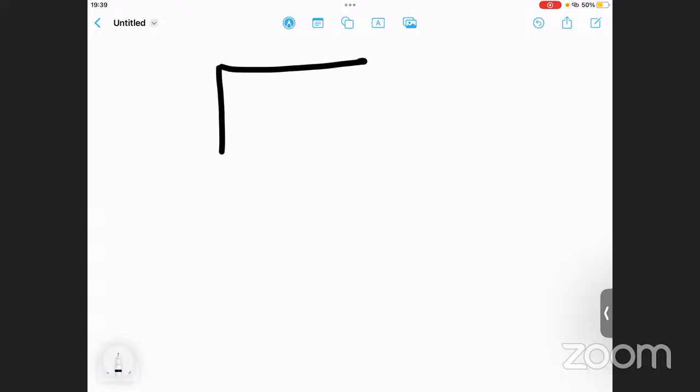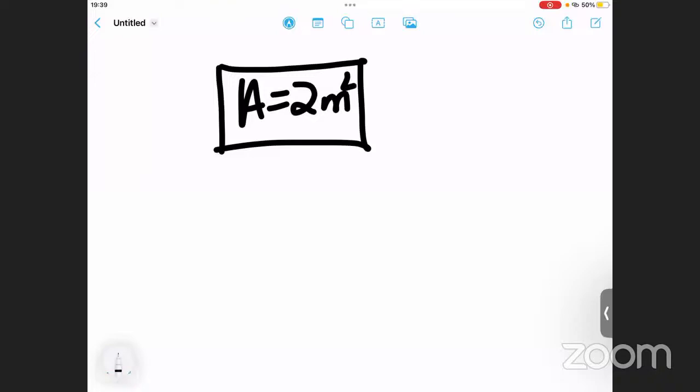If this is a shape and they say the area of this is 8 meters squared, and they tell you this side is 2 meters, and now they're asking what is the other side?